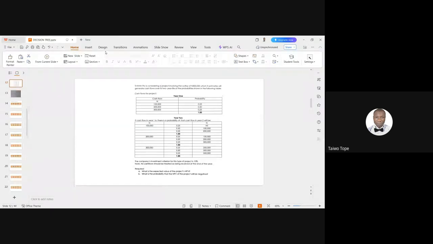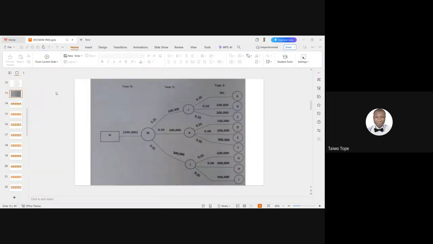So what you do, you see those probabilities for each of the years. The probability for year 1 is 0.25. For year 2 is 0.25. When you multiply both, the combined probability will be what?